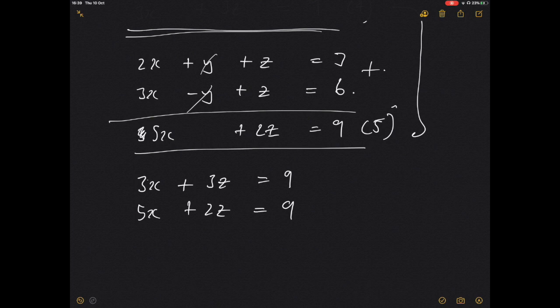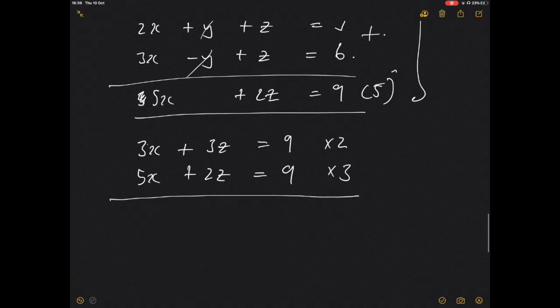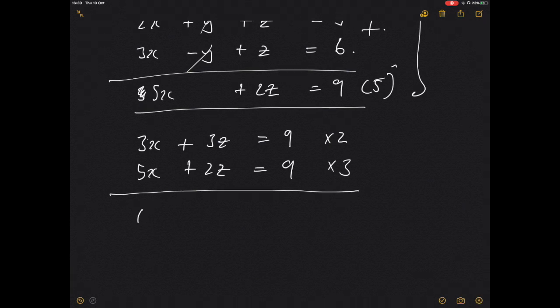So perhaps if we were to multiply the top by 2 and multiply the bottom by 3, that would then give us 6 in the z's, which means we could subtract them, and then we can get a value for x. So let's do that. So that would be 3 times 2, which is 6x, plus 3 times 2, which is 6z, equals 18, which is 9 times 2. We have our subtract ready and raring to go.